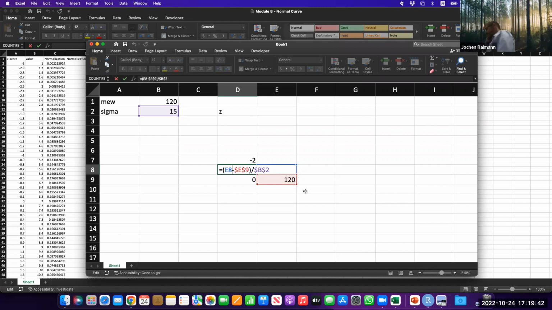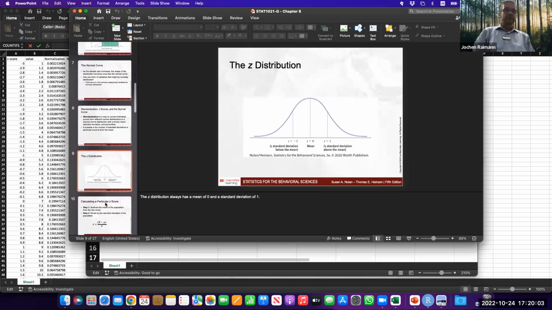If we're locking this in now with the dollar sign, we're basically locking in the mean and the sigma. So we have now x, which is 105, minus the mean divided by the sigma. So that's exactly that formula from the PowerPoint presentation, which is here.